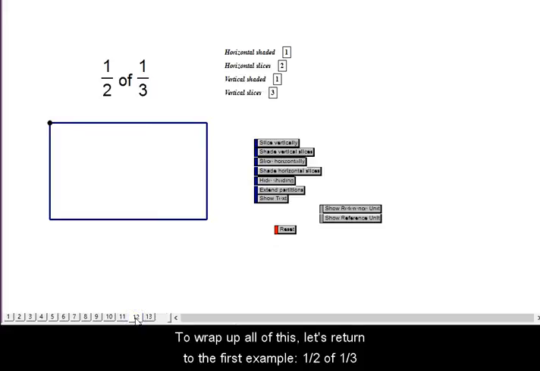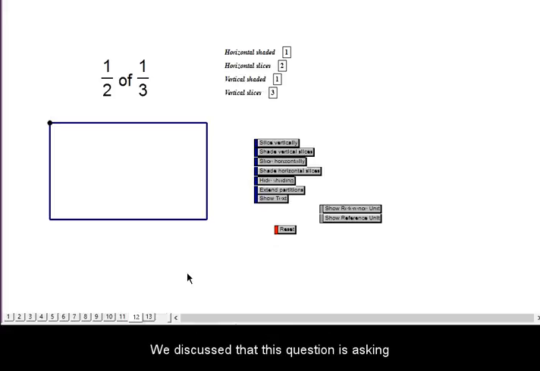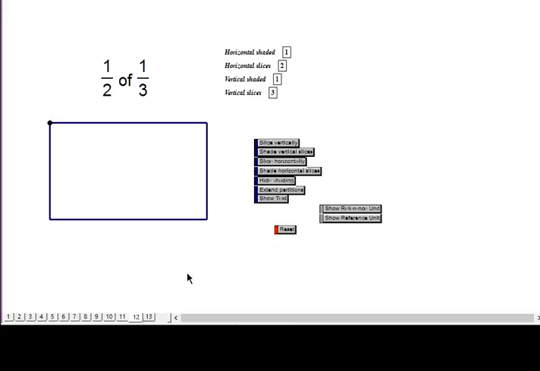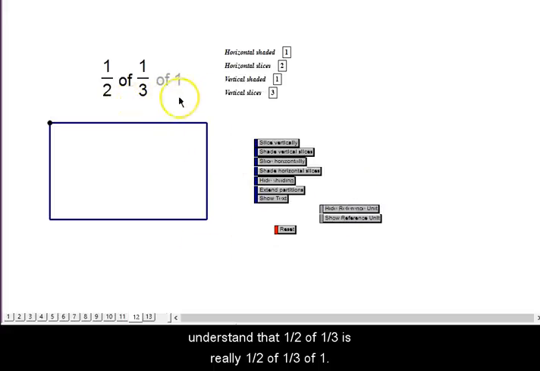To wrap up all of this, let's return to the first example, 1/2 of 1/3. We discussed that this question is asking us to find a fraction of a fraction, and in order to do so, we must understand that 1/2 of 1/3 is really 1/2 of 1/3 of 1.